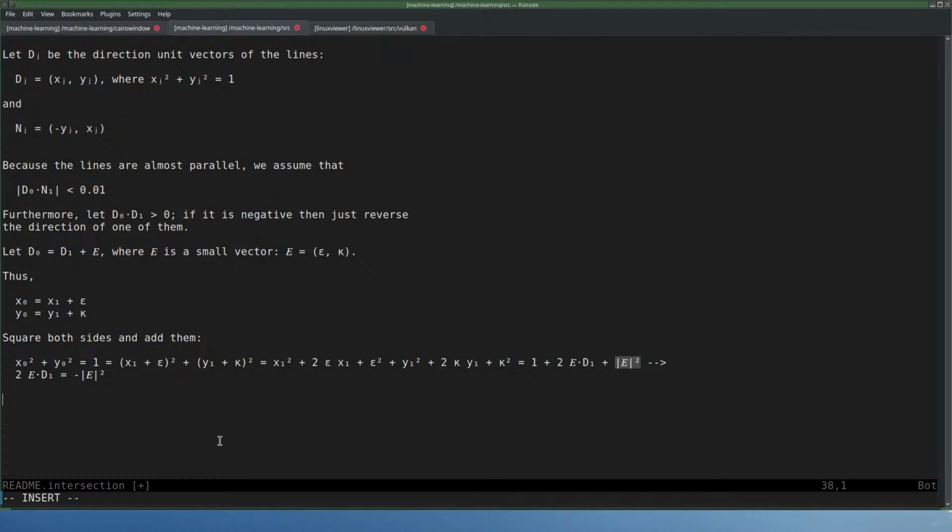Dot products. I'm wondering if it makes much sense to write it like this. But like I said, there is a relationship between epsilon and kappa, and yeah, you can write it like that, I guess. So this means maybe I should bring the 2 to the other side. Minus a half, I'm sorry.